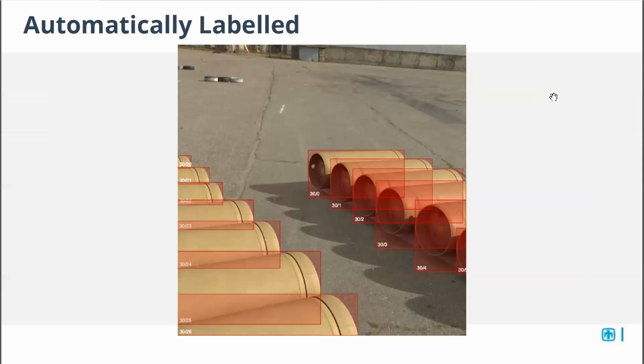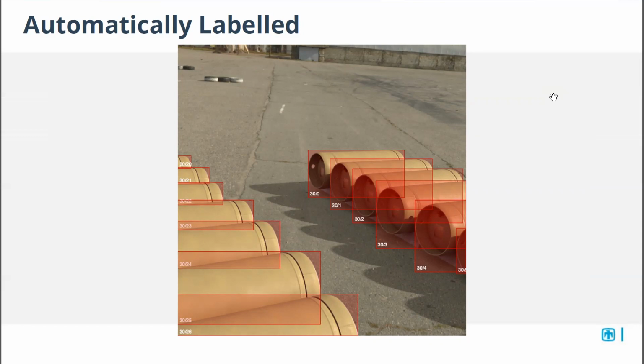So for me, one of the best things about this data is that in addition to just being prolific in its quantity, because we generated each one of these containers, they're also coming pre-labeled. So our software knows exactly where those are.